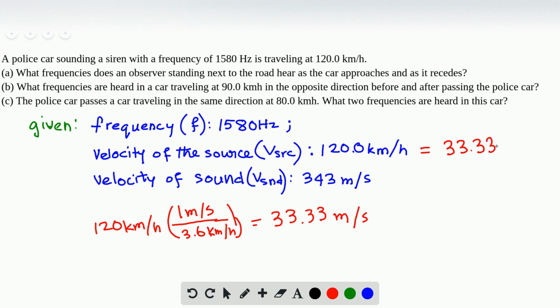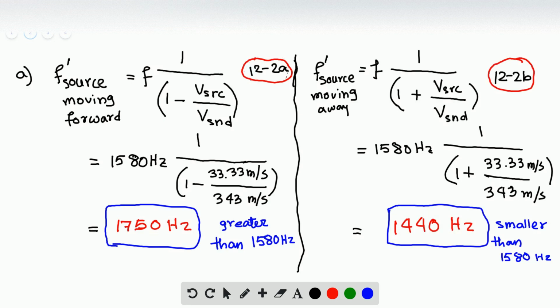We need this for the rest of our calculation, so we need to remember this number: 33.33 meters per second as the velocity of the source, and the velocity of sound is 343. Okay, so let's see what we need to do.